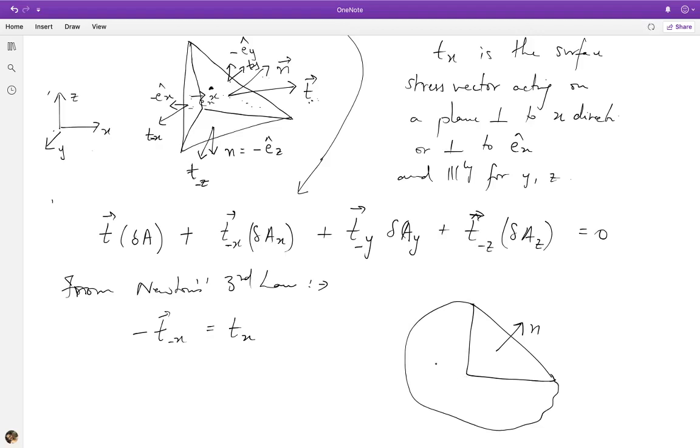So if this is the full surface, there is some material inside the surface, and then there is some material outside the surface. So this is what's inside, of course, and we have some fluid outside.